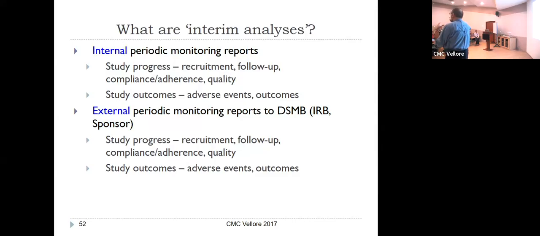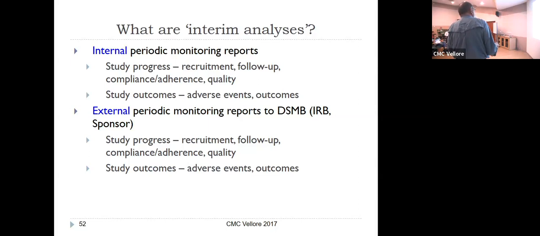But study results being blinded applies to the entire study. Who knows what is going on in the study, the outcomes and the adverse events, is kept from all the investigators, all the study staff, all the patients. Only two or three statisticians and the Data Safety Monitoring Board see them. The study team looks at study integrity internally.